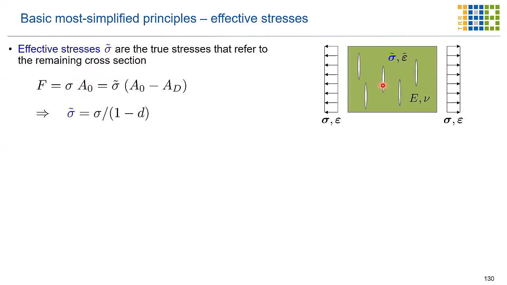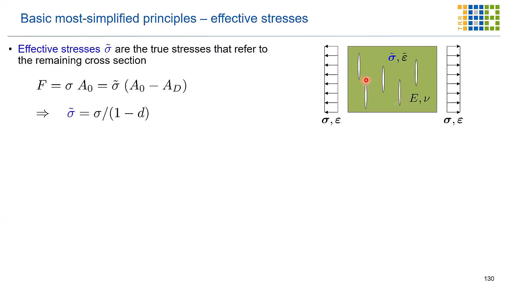But if we understand damage as the formation here of small voids, then we see that the effective area that's bearing the stress here is not A0, the initial one, but we have to decrease that area by the damaged one, by AD. Of course, this is an oversimplified interpretation, but I think that helps a lot.